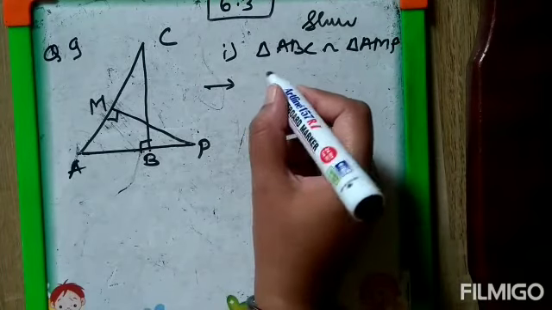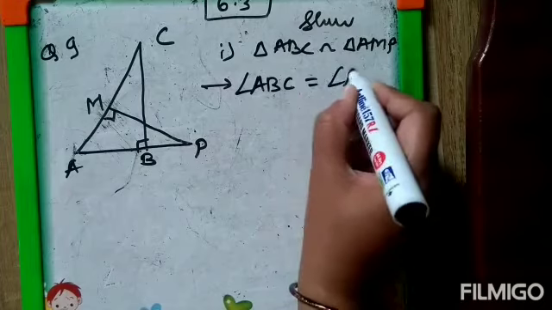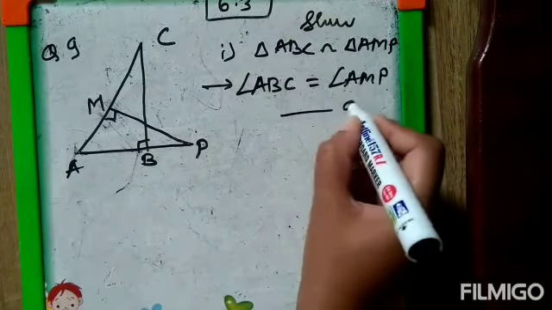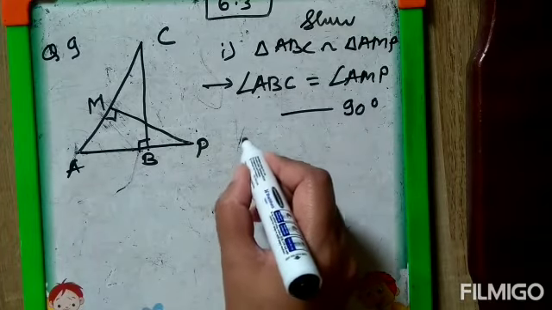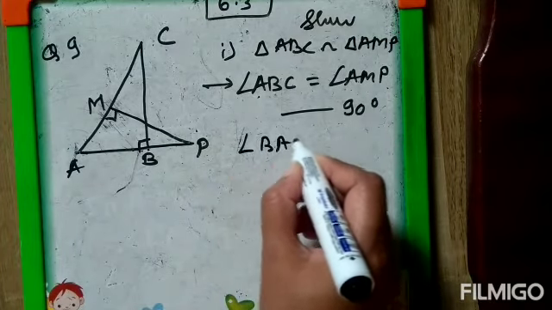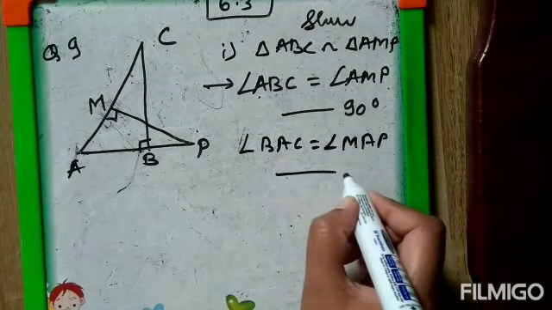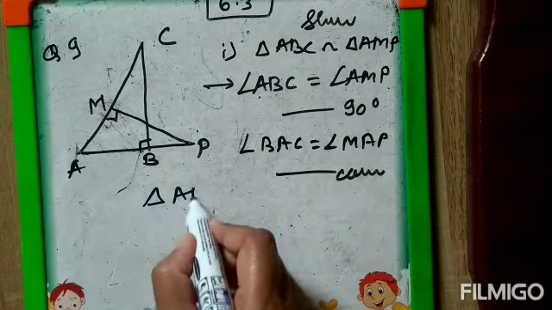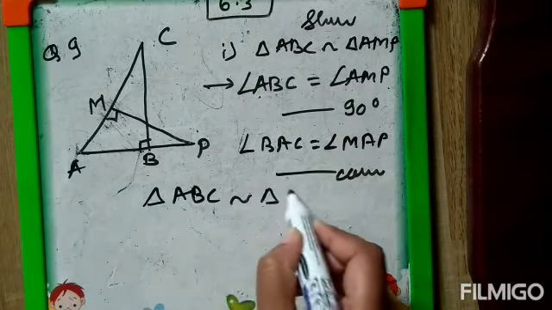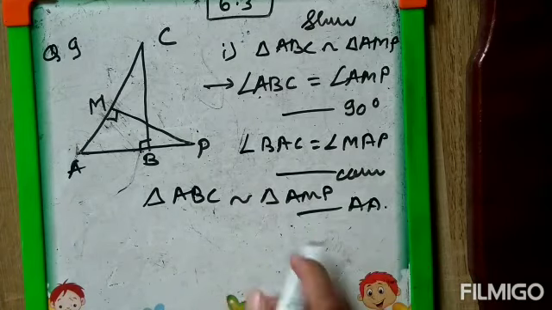We have the 90-degree angles, angle ABC equal to angle AMP, because each is 90 degree. And again angle A is common. So write down angle BAC is equal to angle MAP, common angle. Then triangle ABC is similar to triangle AMP by AA similarity criteria.